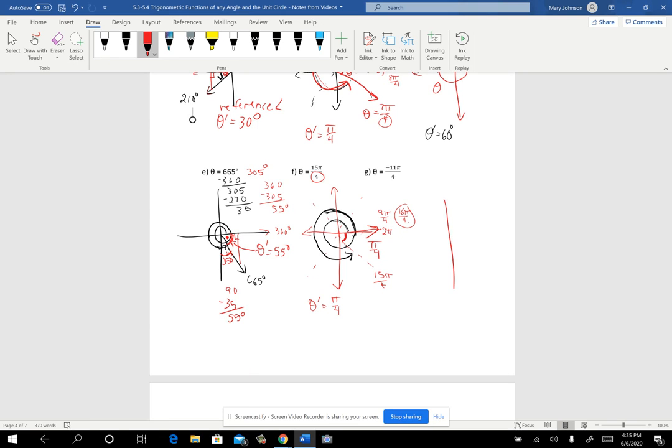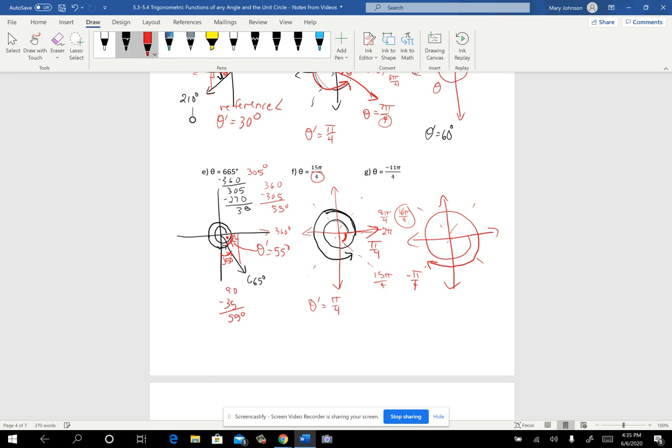All right, now here's another one that had a 4, had a negative. Okay, so I'm going to go around still thinking about it broken into fourths. So this would be negative 4 pi over 4. This would be negative 8 pi over 4, negative 9, 10, 11. It would be right here.